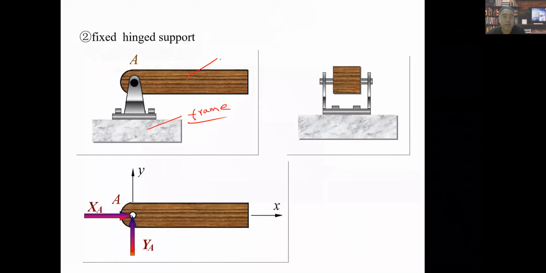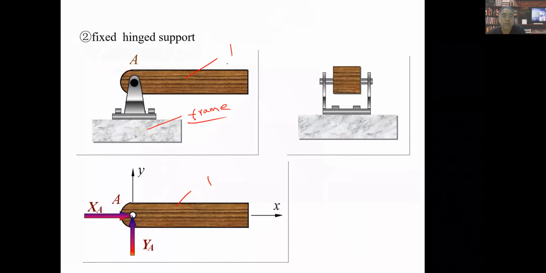Actually, if we select this wooden body as the object to be analyzed, it will have a reaction force from the ground to this body at this pin. So we have XA and YA to prevent movement along the X direction and movement along the Y direction.